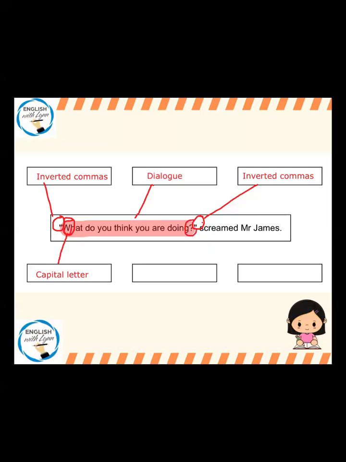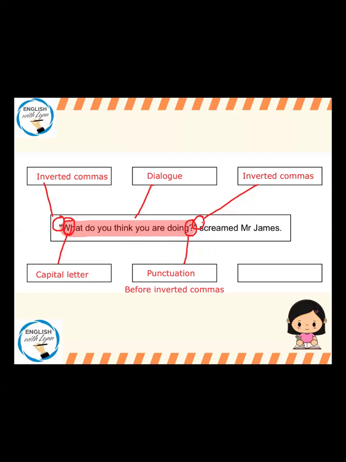So at the end, I have punctuation, and it's really important that it is before the inverted commas. So I'm going to put that underneath. So my punctuation, whether it is an exclamation mark, a question mark, or a comma, it always goes before those inverted commas at the end.